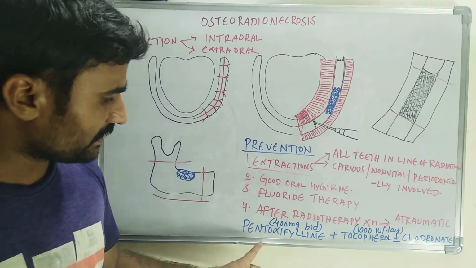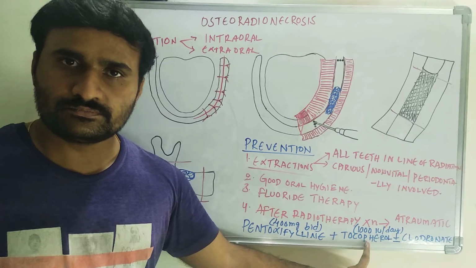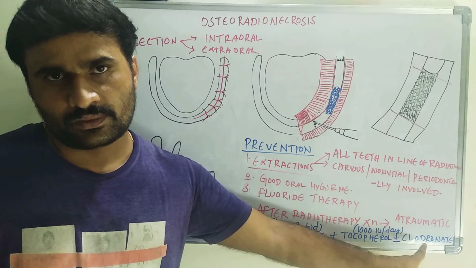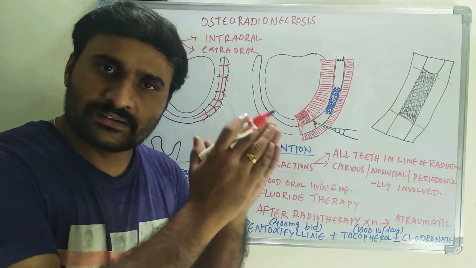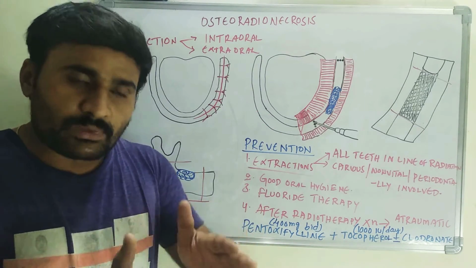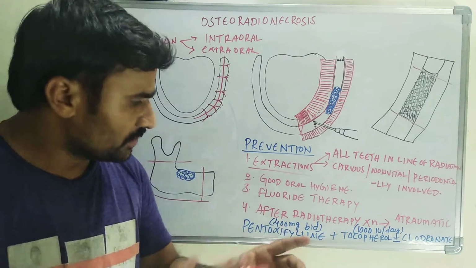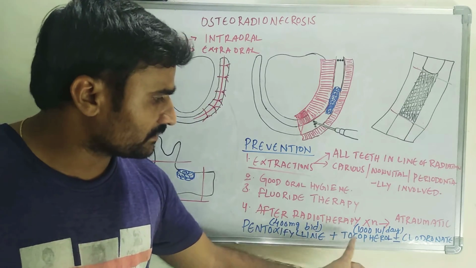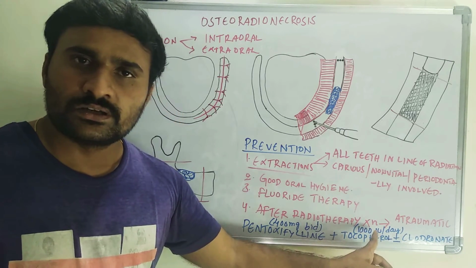That medical regimen includes pentoxifylline plus tocopherol plus or minus clodronate. Right? If there is an extraction in an irradiated jaw region, then 1 month before the extraction, you should prescribe the patient to use pentoxifylline 400 mg twice daily and tocopherol, nothing but vitamin E, 1000 units per day.